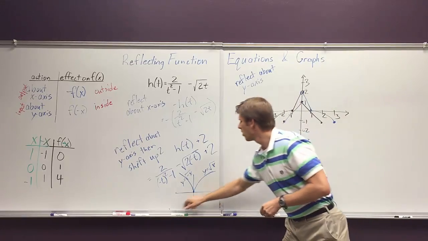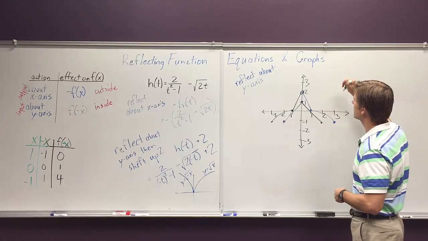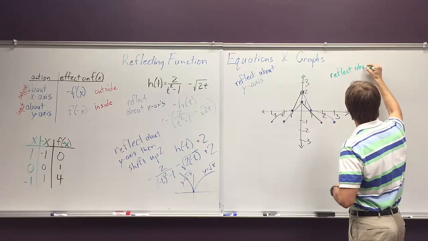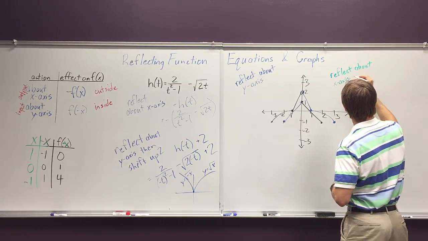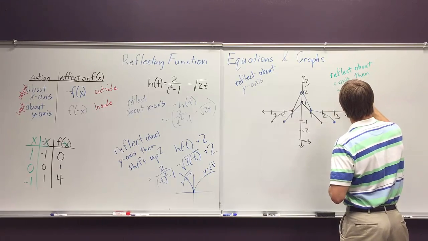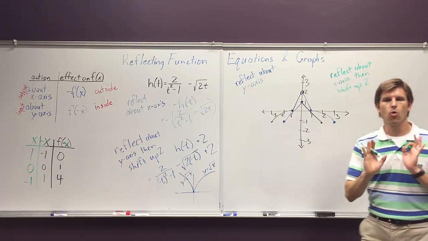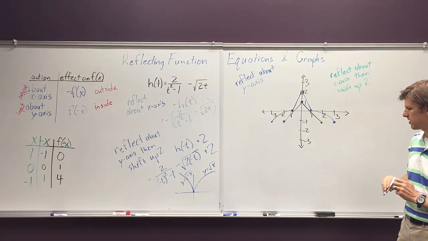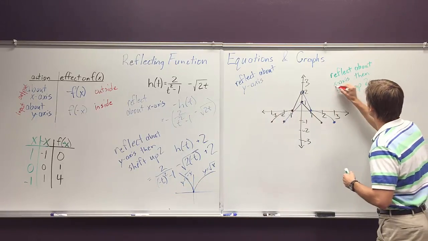So let's just do one last one. Let's say we reflect about the x-axis, then shift up 2. Okay, now the order is really important here. I'm going to show you the intermediate step, and maybe I'll do it in red to indicate that it is not finished.